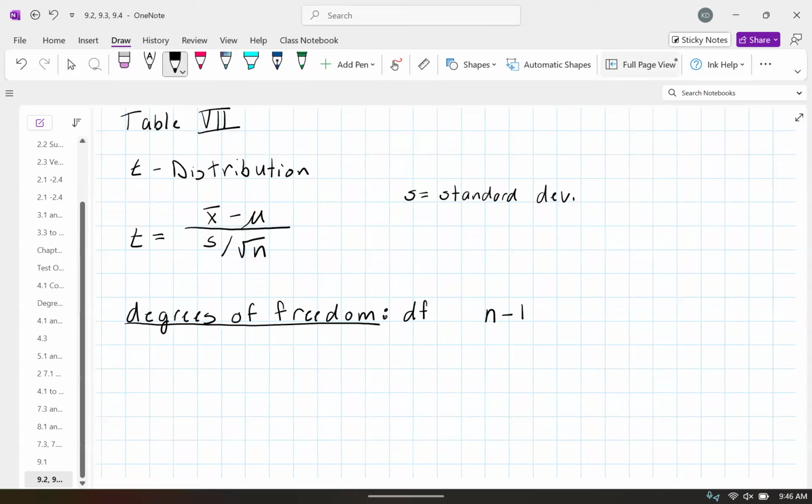Say we were given a population or a sample, and we know our mean is this value. All but one of our other values can be whatever we want, but the last value has to be one number in particular to make our mean match. So it's basically how many numbers can vary like crazy and still get to the mean we're looking for.